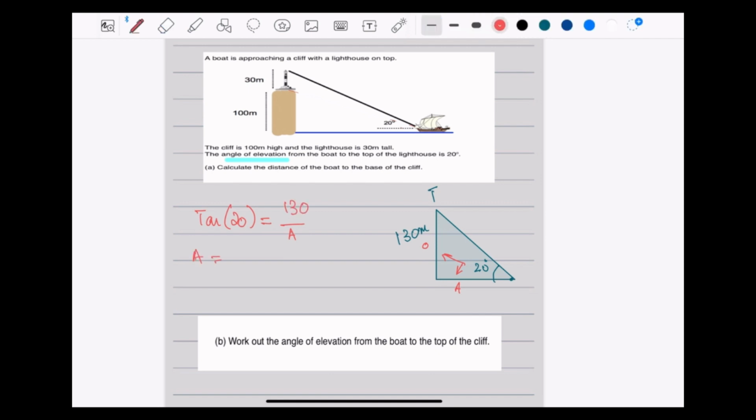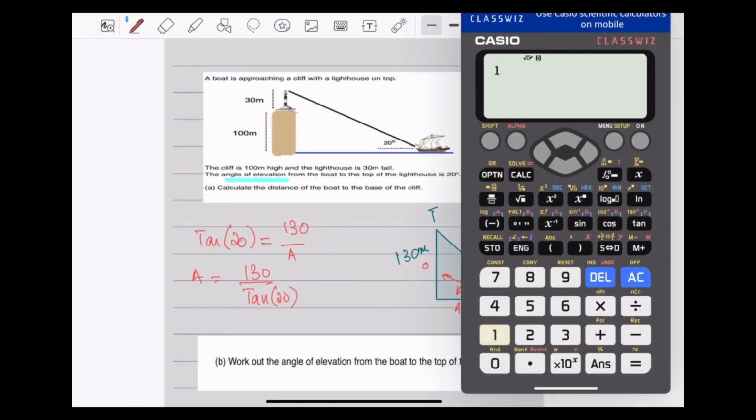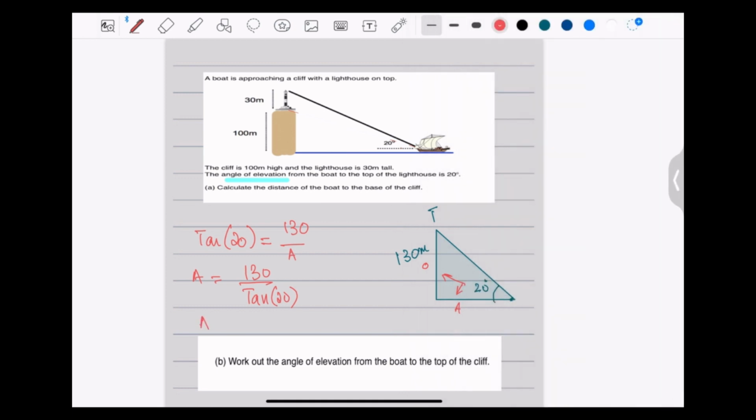So adjacent is going to be 130 over tan 20, which gives you 357.2. So the ship is at a distance of 357.2 from the base of the cliff.